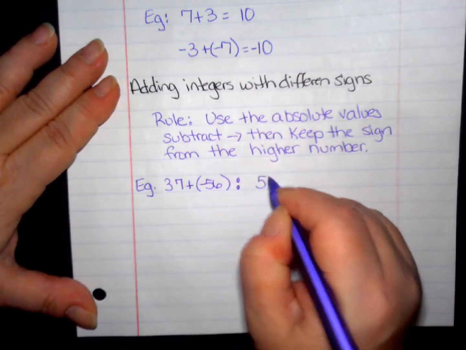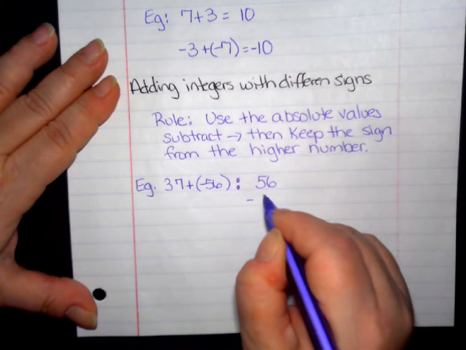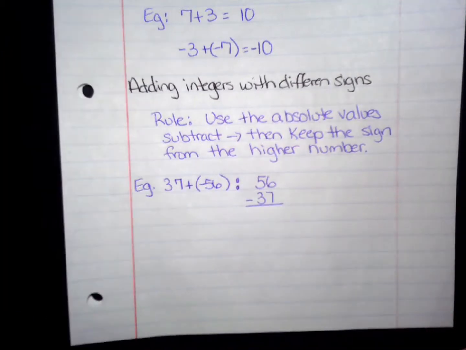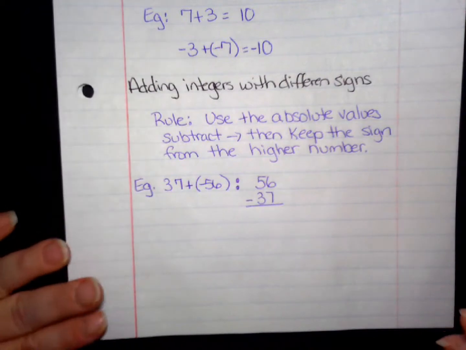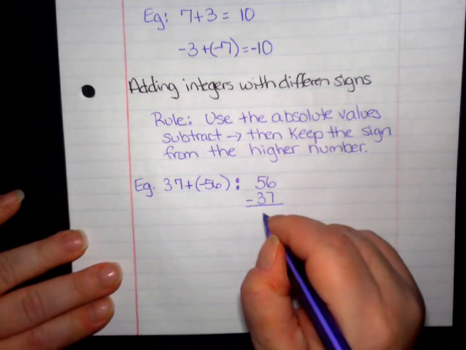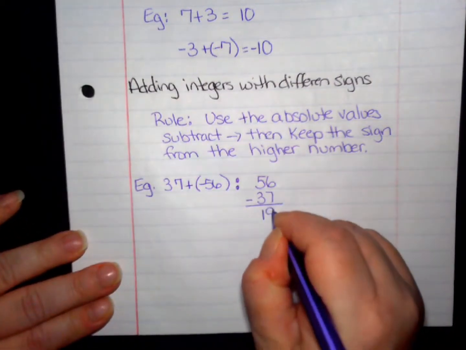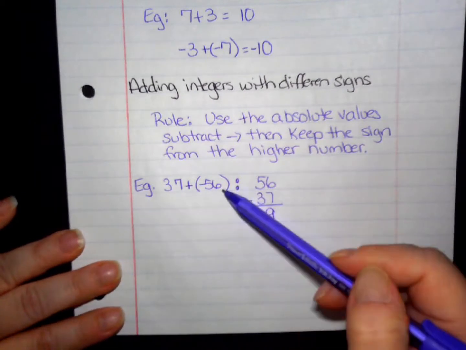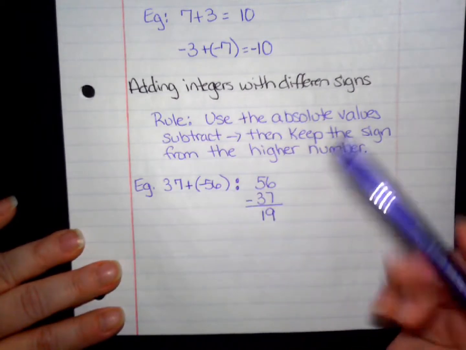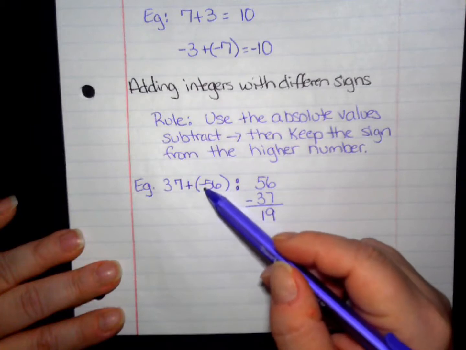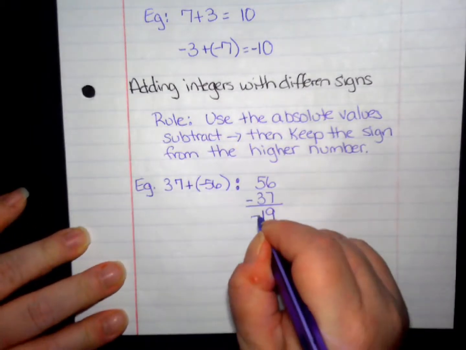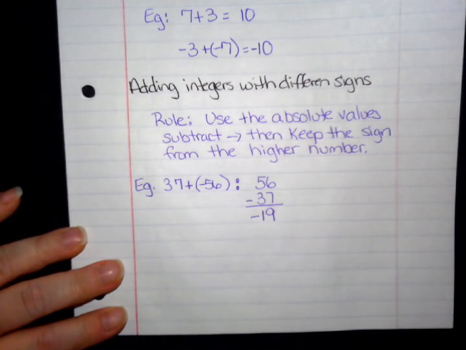So I'm going to take 56 and subtract 37 because I can't subtract 56 from 37. And I'm going to come up with the answer 19. Now, I'm going to look at these two numbers. Which one's bigger? The 56. It has a negative, so that means my answer is negative. Okay.